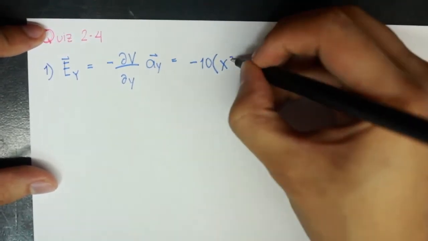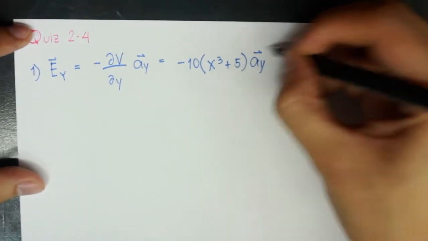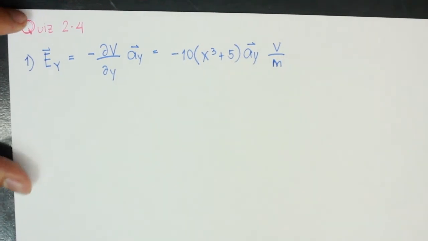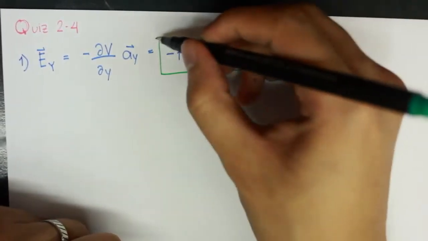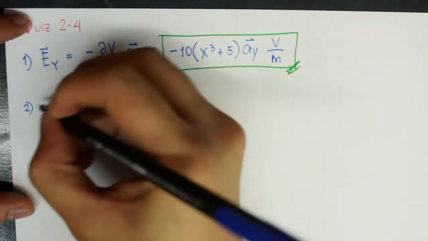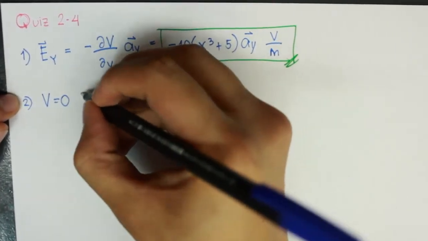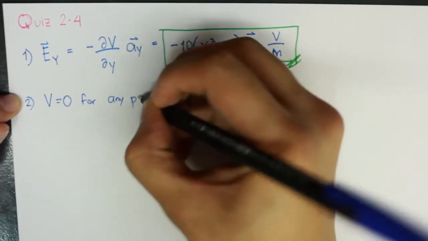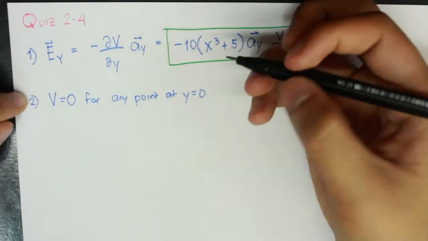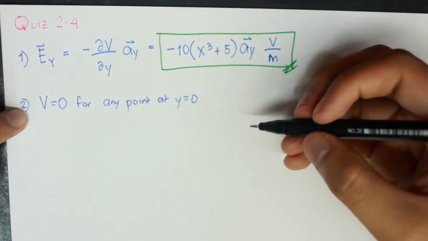Negative 10 times x to the 3 plus 5 AY hat unit of volts per meter. So that's easy. So next, it's more easy. We have potential of 0 for any point na y equals 0. Well, it is directly given dun sa potential field natin.